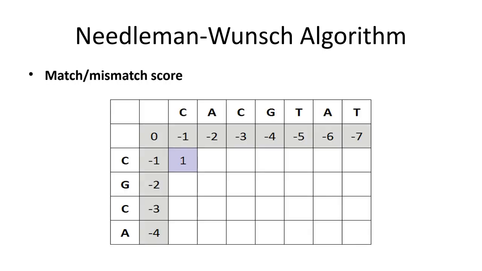And so let's look at this. If we think about this, for this position, our match-mismatch score is the score if we were to move diagonally through here, which would mean the same thing as aligning the C with the C. And if we have a C aligned with a C, the rule for our scoring system is this is a match. We increase the score by +1.